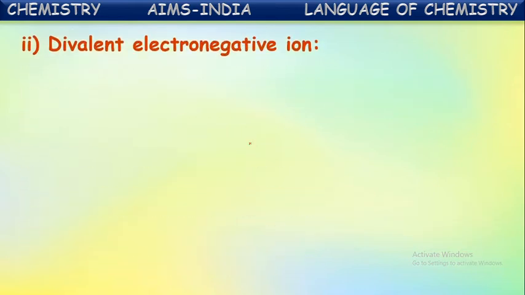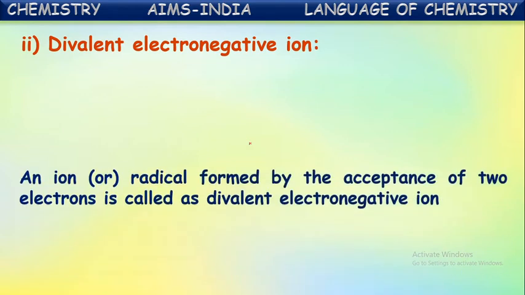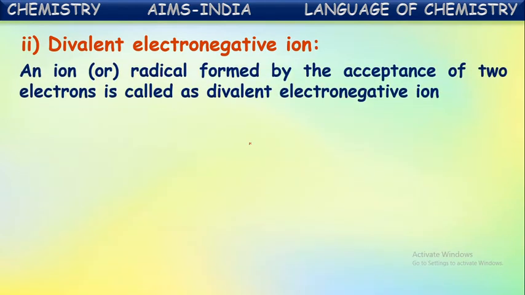Next, divalent electronegative ions. What can we say as a definition for this? The ions or radicals which are formed by the acceptance of two electrons are called divalent electronegative ions. Let us see examples: oxide ion, sulfide ion, sulfate radical.